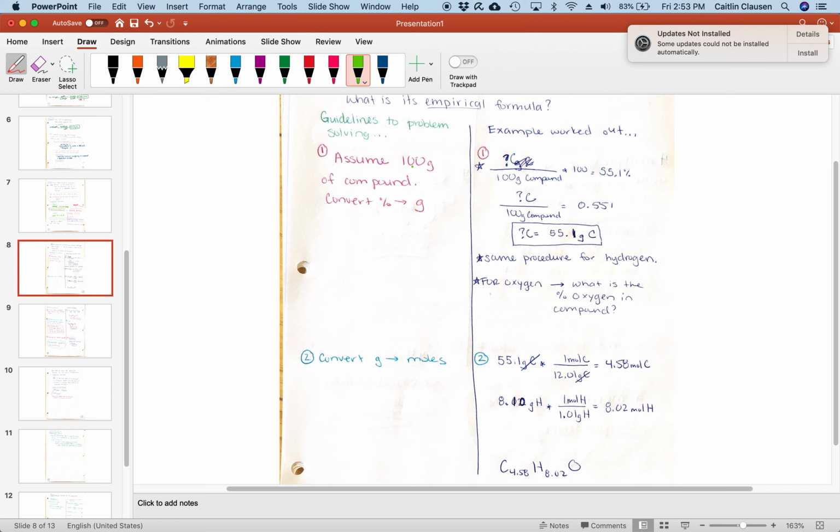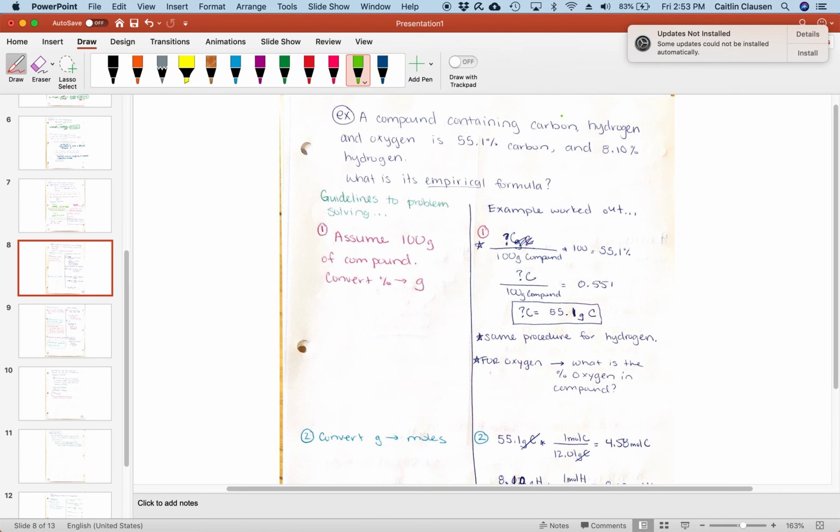First, whenever you're given these problems, assume you're starting with 100 grams of compound and you're going to convert the percentages into grams. So I have some grams of carbon per 100 grams of compound times 100 should give me the 55.1% of carbon in this molecule.